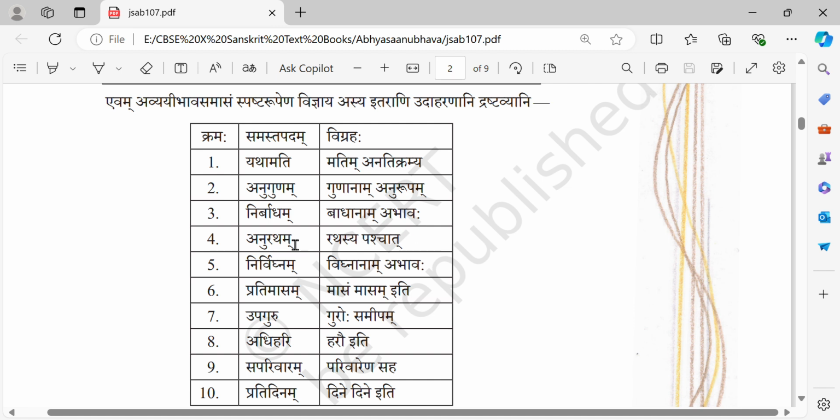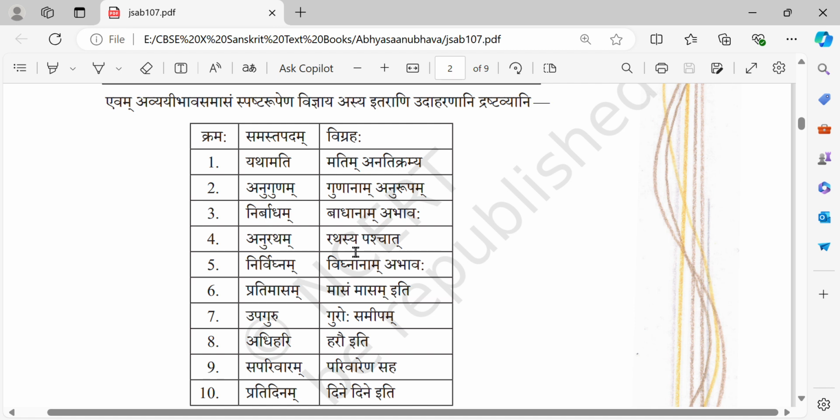Nirvignam. Vignanam abhavaha or vignasya abhavaha, without obstacles or no obstacles. Nirvignam. See, this is nir. In the word nirbadham there is upasarga nir. Anu also is upasarga. Yatha is avyaya. There are 22 upasargas. Nir, nis, dur, dus, all those come under upasarga. Anu, ava, prati, etc. Gunanam anurupam. Nir is also upasarga.